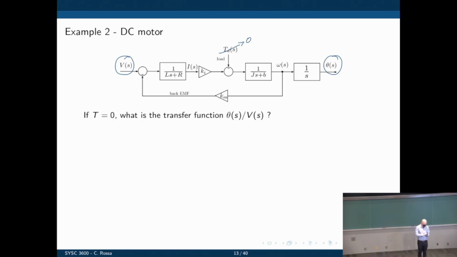We can multiply these three elements together. When t is 0, that sum doesn't do anything. That sum can go away, and you are left with the multiplication of those three blocks. And the multiplication here is simply ki over (ls plus r) times (js plus b).